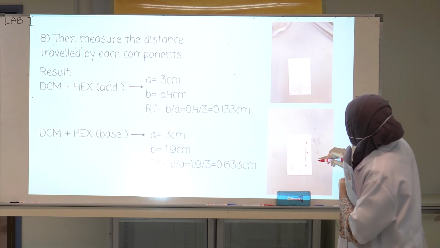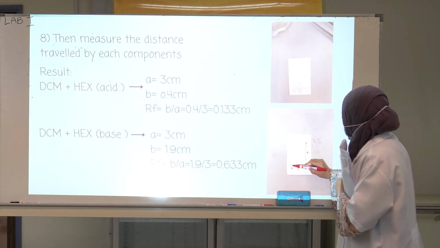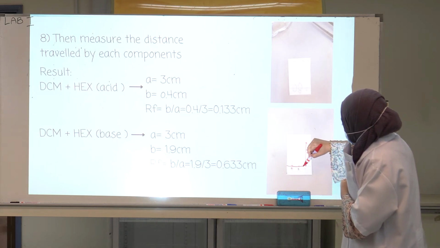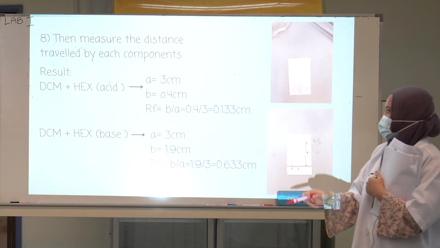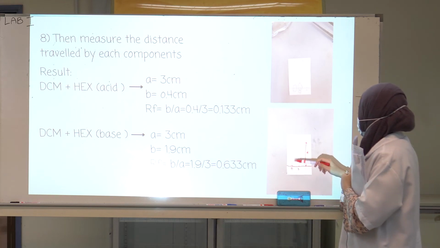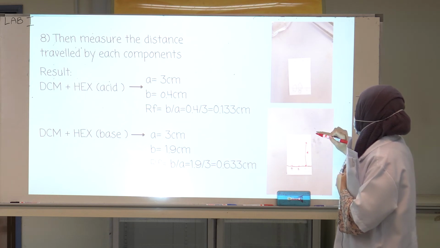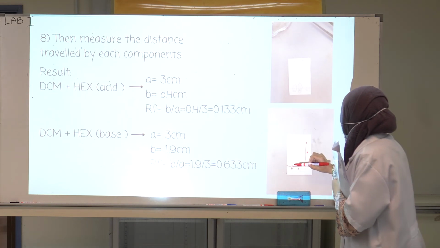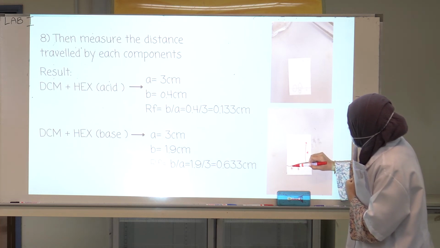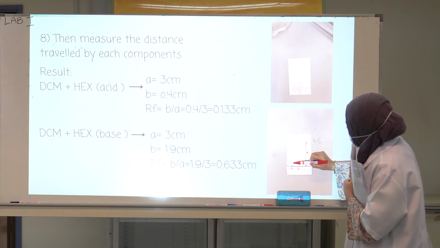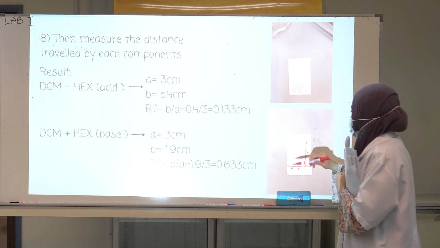And this is acid and this is base. So, to get DCM and hexane for acid, for distance A, we have to take from the bottom here until the middle of the acid compound.